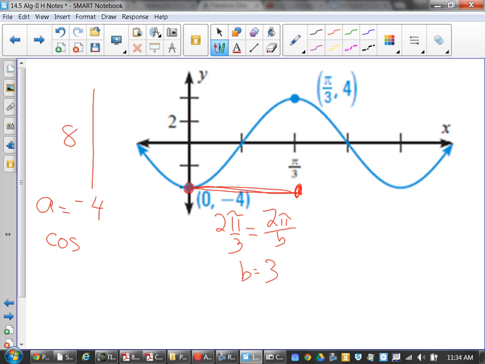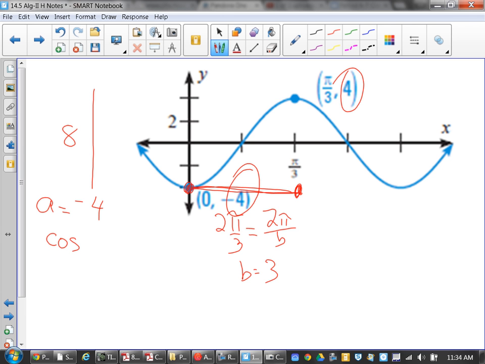A very easy thing to notice is that your maximum and your minimum values are the same, which means the distance between your origin and your maximum and your minimum is the same, so there's no vertical shift. If there was a vertical shift, these two numbers would be different. That would mean a different center line.